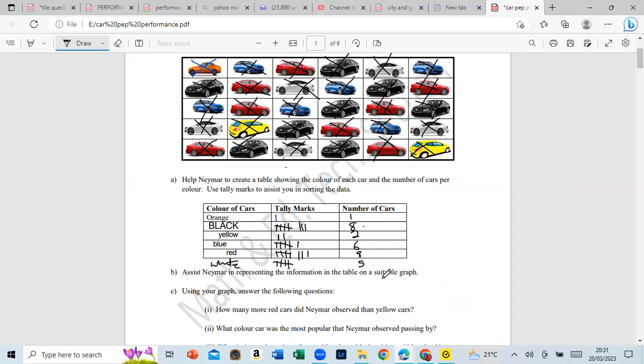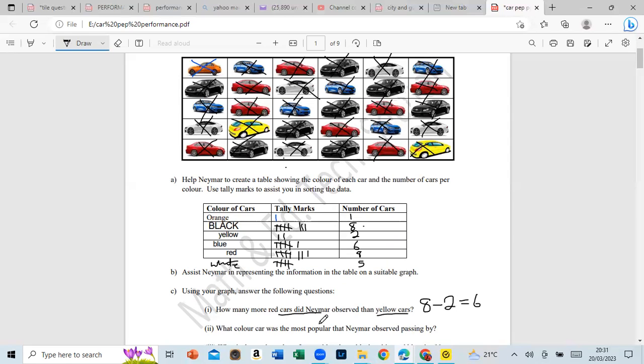So what you're gonna do, you're gonna look at red and see the total, which is 8, minus the number of yellow cars. I want to find out how many more red cars there are. Yellow is only 2, so we just subtract. So that would mean 6 more red cars.